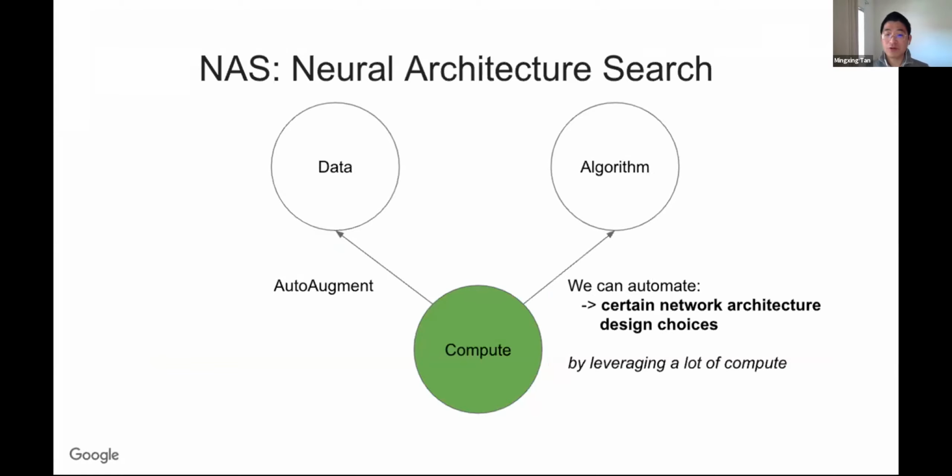In terms of neural architecture design, our goal is to leverage a lot of compute to design better neural architectures or better neural architecture design choices. So in this talk, I mainly focus on neural architecture search, which means we use a lot of compute to design better neural architecture.